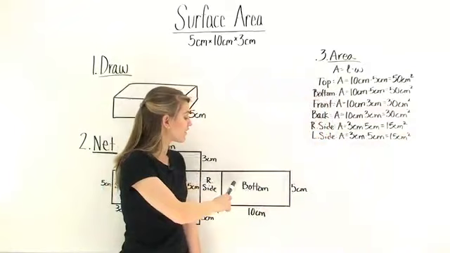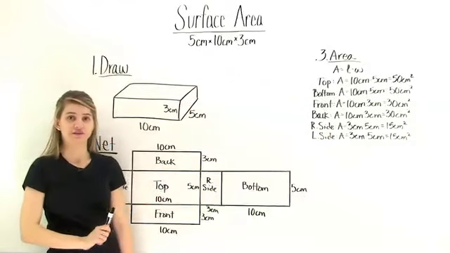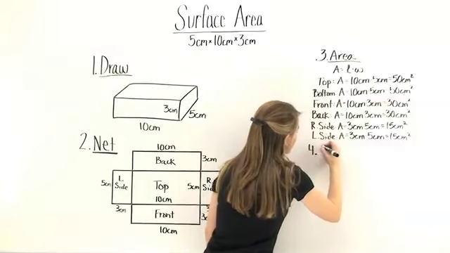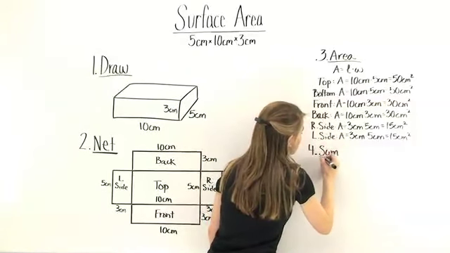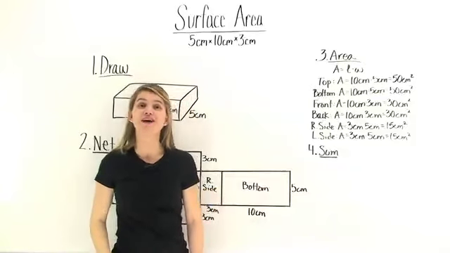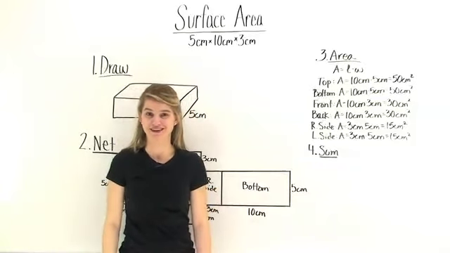Now, we have the area of all 6 of these rectangles. The last thing we need to do is take the area of all these rectangles and add them together. We need to find the sum of all of these areas. Once we do that, we'll have the surface area of this rectangular prism.